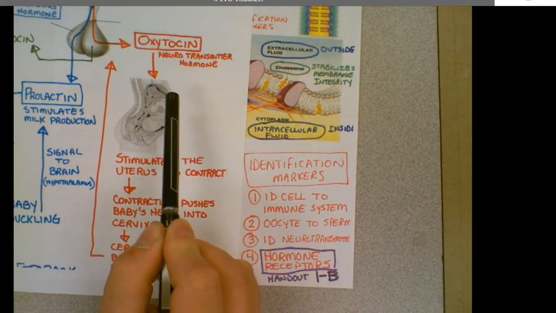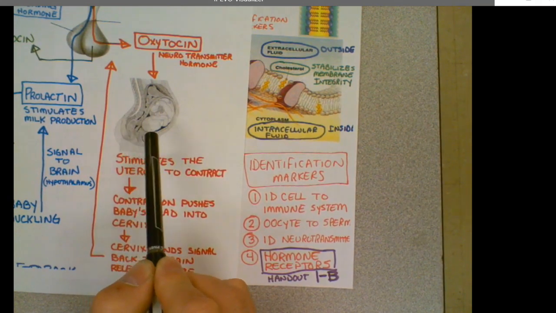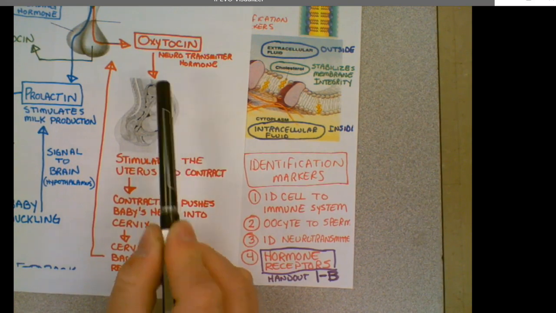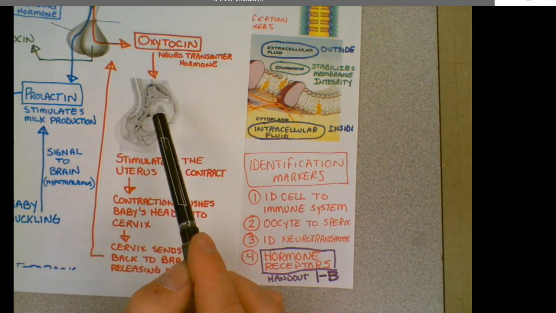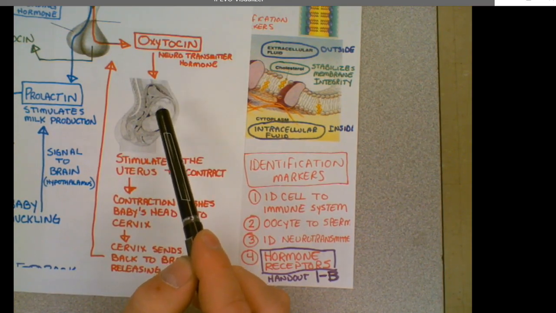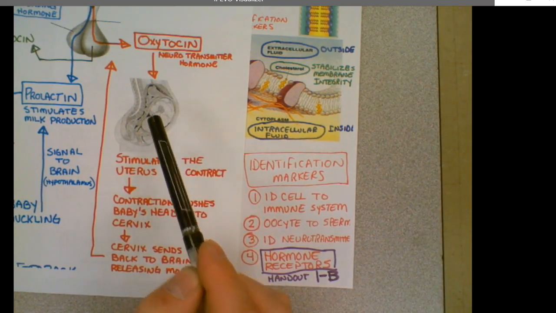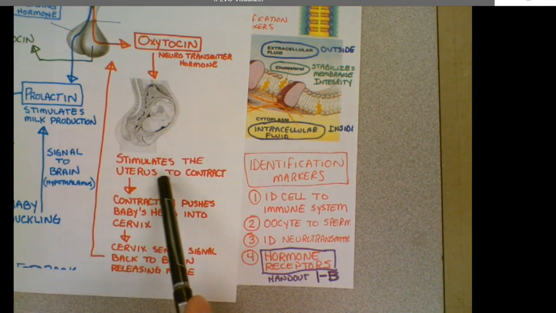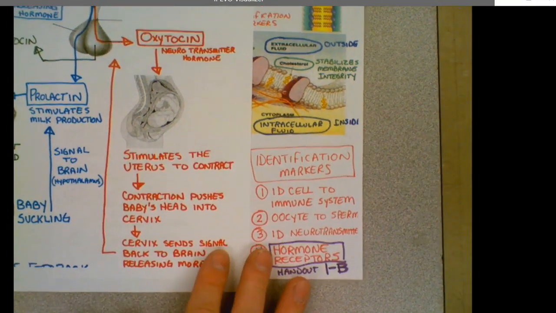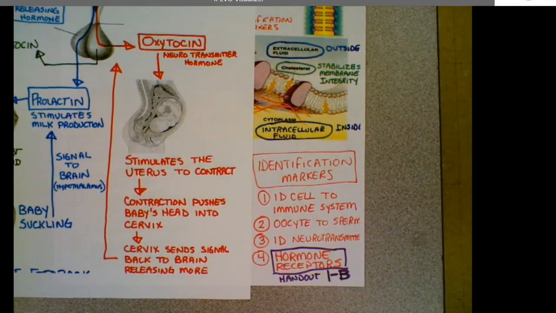So the muscles of the uterus have oxytocin hormone receptors. So when oxytocin comes in contact with those receptors, the oxytocin knows to affect that cell and cause those uterus muscle cells to contract. You see, the rest of our body doesn't have those hormone receptors. So for example, the stomach doesn't have oxytocin receptors.